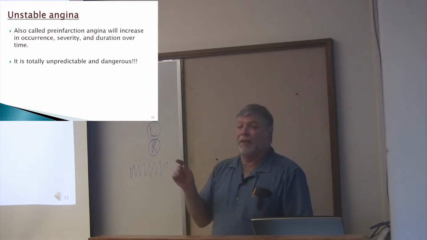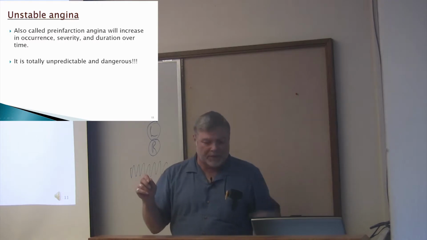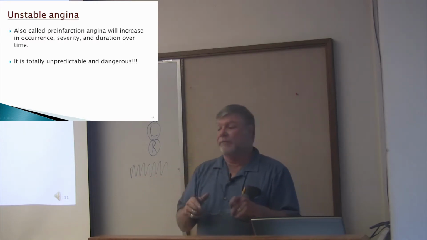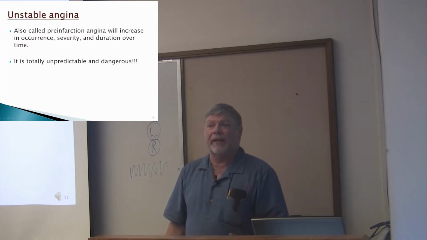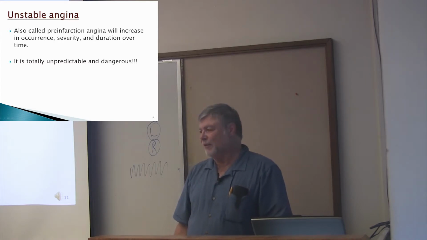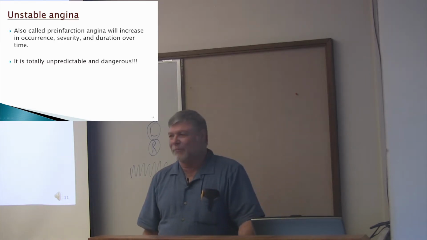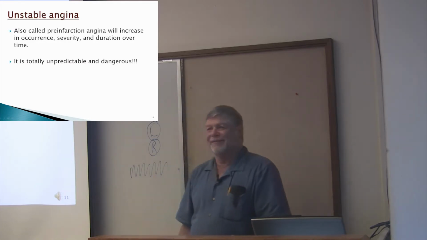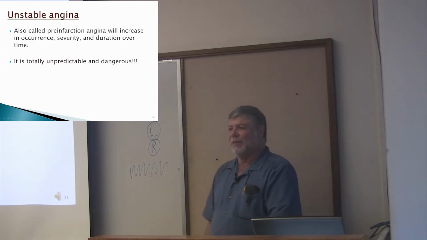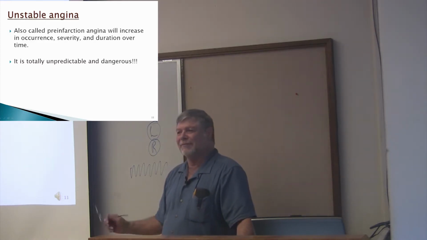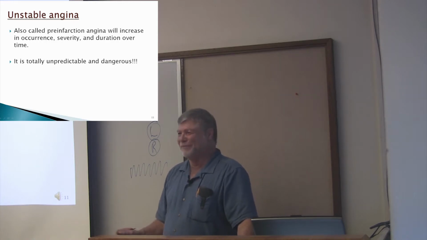And somebody who comes into the hospital with unstable angina is usually scheduled for maybe PCI, or percutaneous intervention, or a CABG, a cabbage. Cabbages don't grow in the fields. What's a CABG?